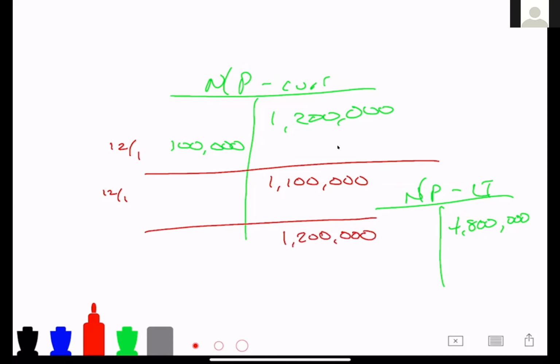Right? When we get to the next month, remember, it's always looking at the next 12 months that is your current liability. So within the next 12 months, we're going to have to pay $100,000 every month.